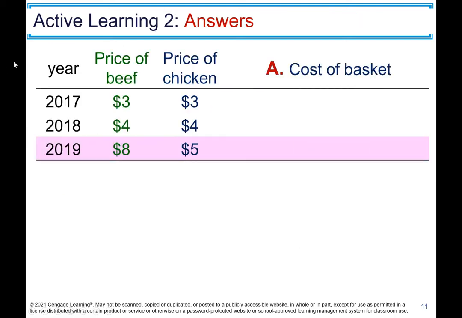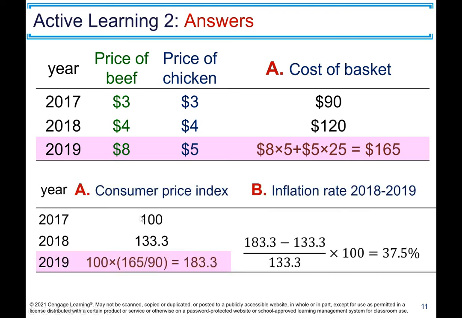The cost of the basket in the base year is 90. We have calculated that in 2018 the cost is 120, and in 2019 the cost is 165. That's the cost of the basket, and we use that to calculate the CPI.